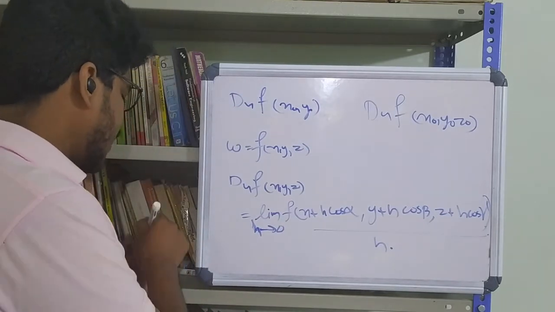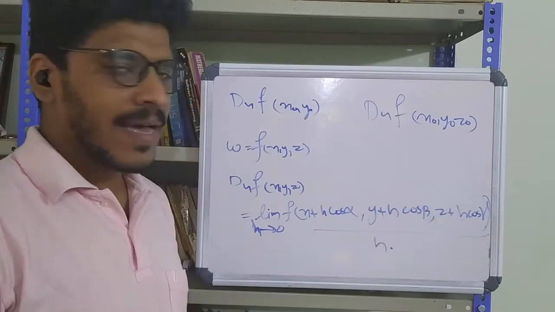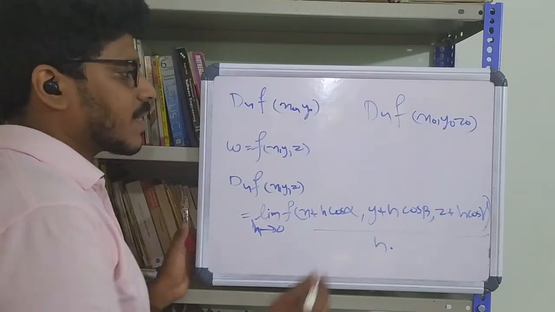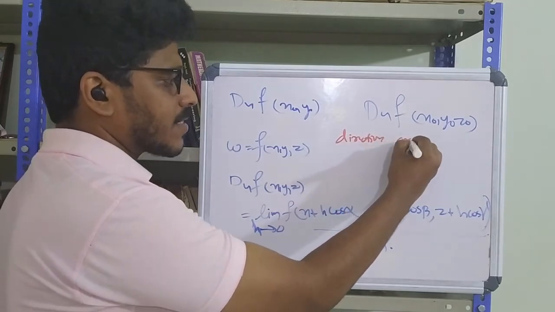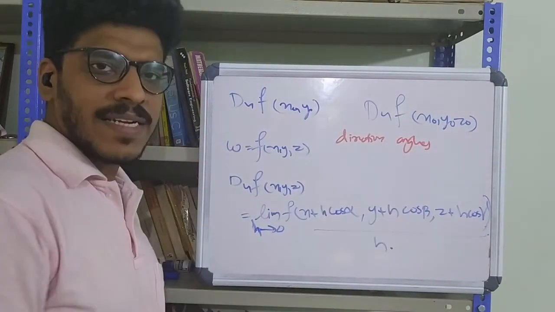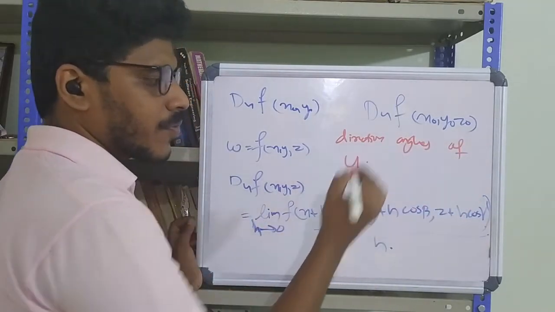So there are three more quantities involved here: alpha, beta, and gamma. They are nothing but the direction angles, or sometimes called direction cosines of the unit vector u.